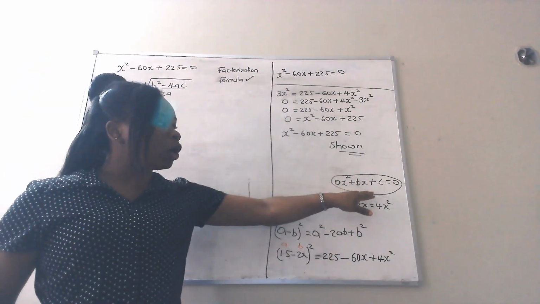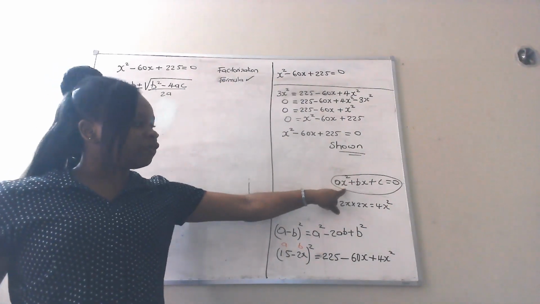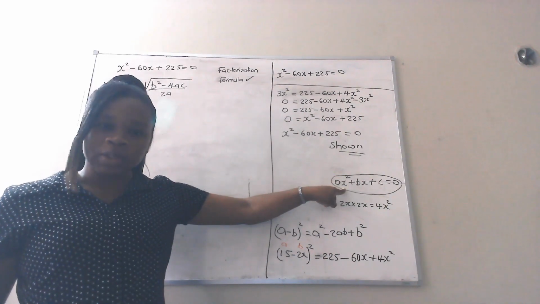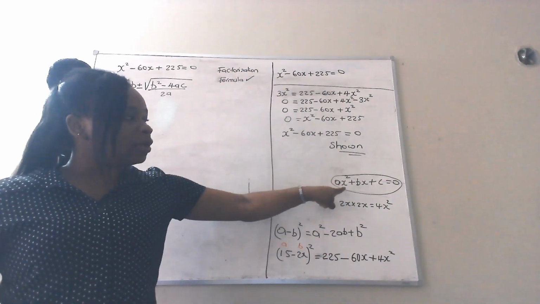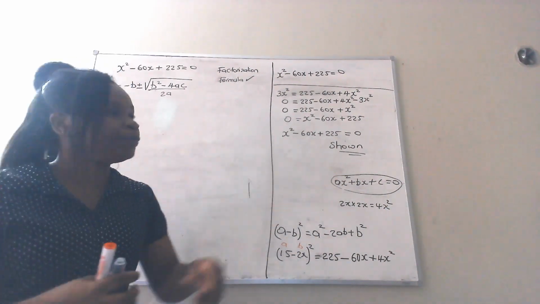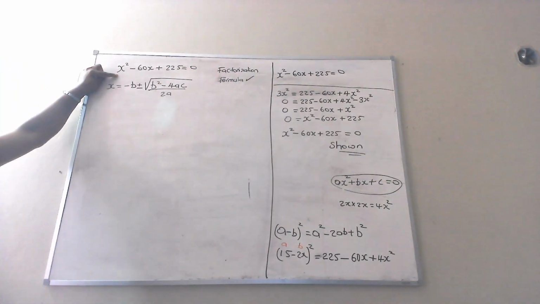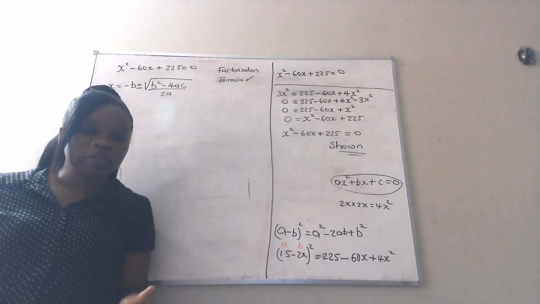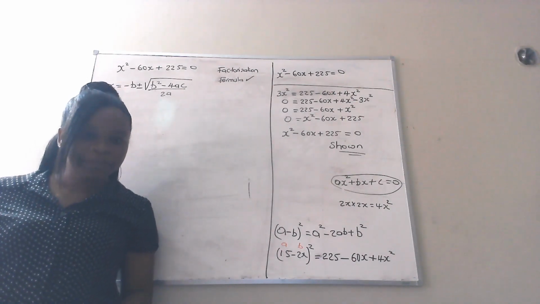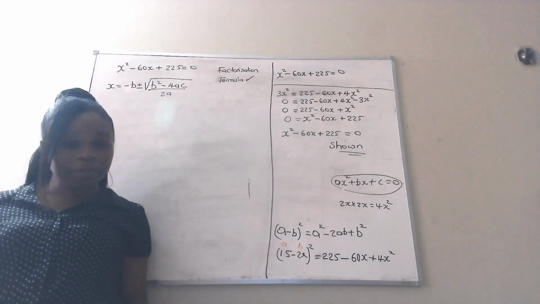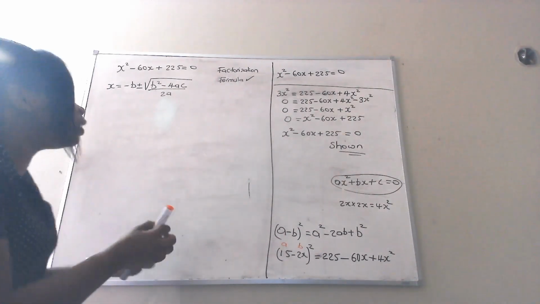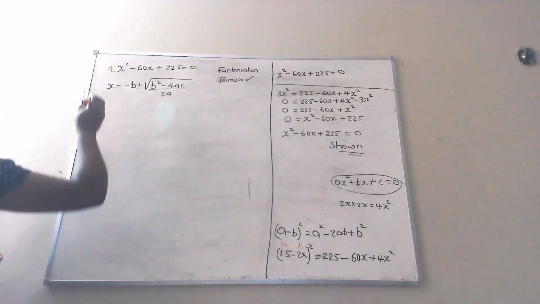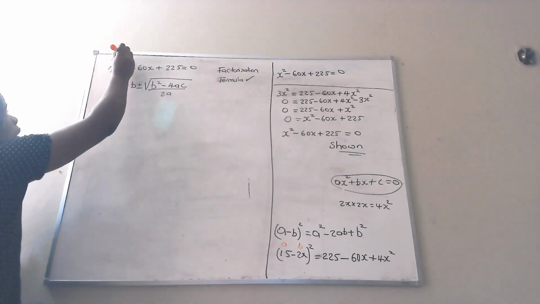A and B are coefficients. A is the coefficient of x squared. Coefficient means a number that's in front of a variable. So here is our x squared. We don't see any number in front of it. That is because whenever you don't see a number in front of it, the number is invisible, and that invisible number is 1. So we're going to make it visible today. So it means that A is equal to 1.